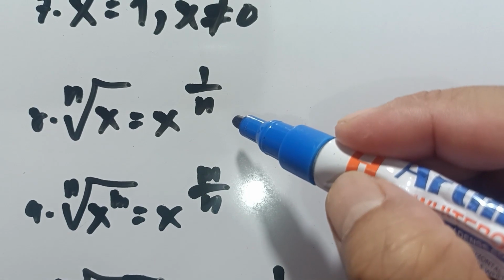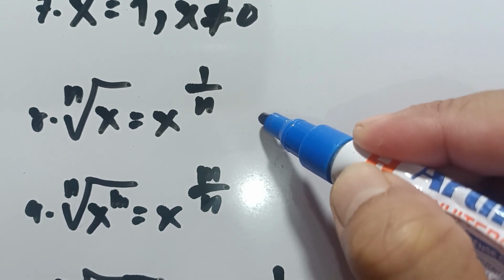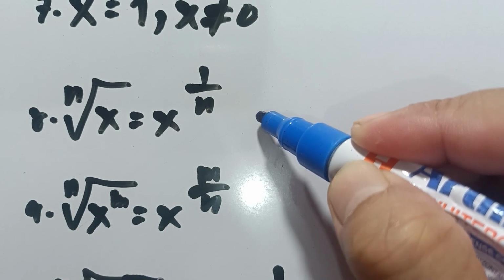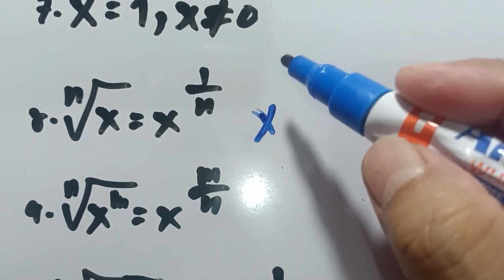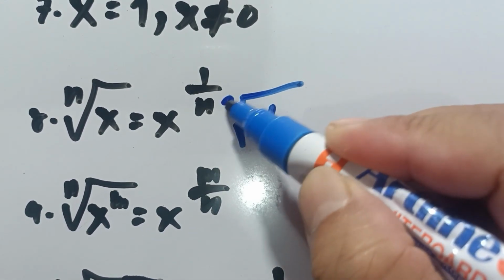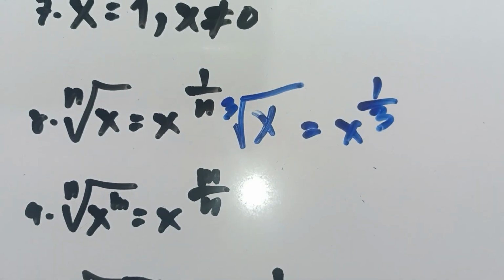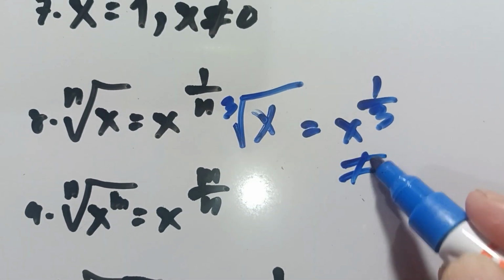So, an example of this one, number 8, is the cube root of x. This will become x to the power 1/3, and that's the answer.